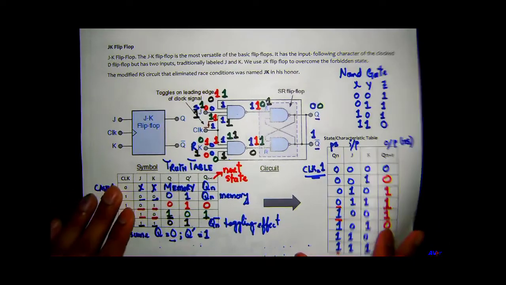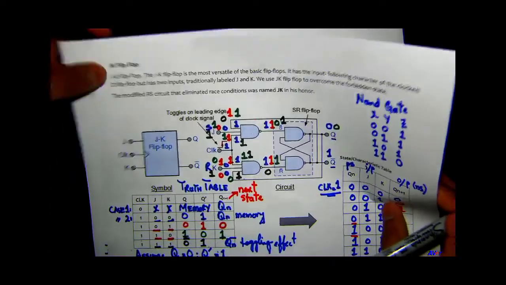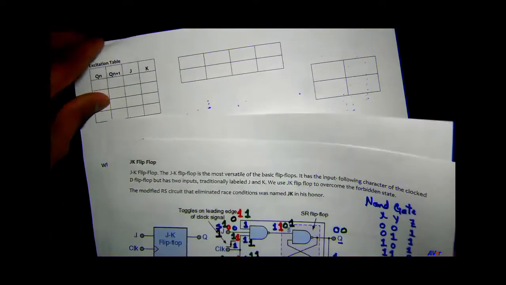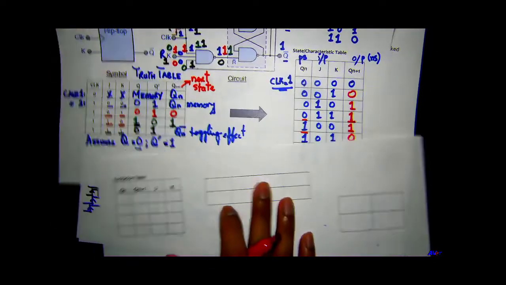We are now going to move on to the next sheet. We're going to work on the excitation table now. Before I work on the excitation table, I just want to quickly get an expression for Qn plus 1, looking at this truth table.